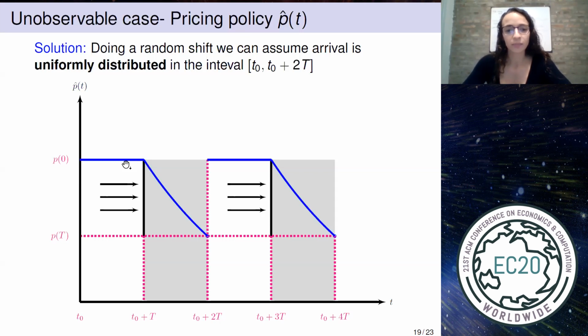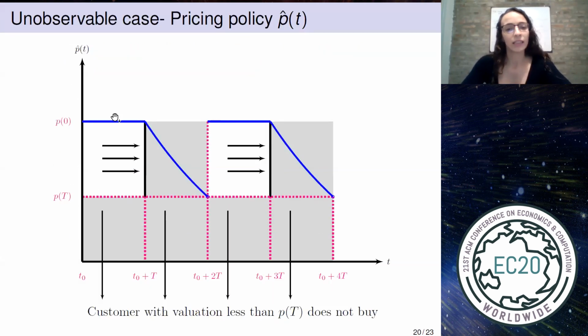And also note that the price is always higher than P of t. Then if the buyer arrives but has a valuation less than this value, his utility will be negative and then he won't buy. So we consider this pricing policy and buyers arriving within these intervals where the price is high and with valuation greater than P of t.